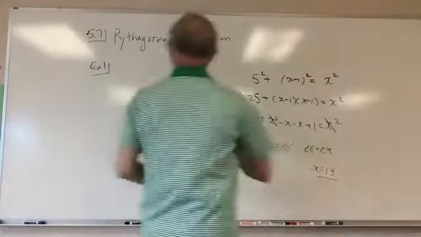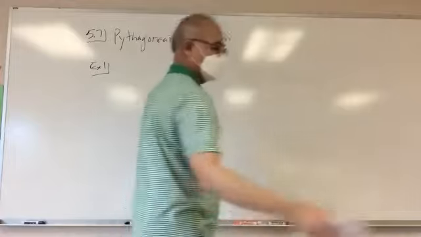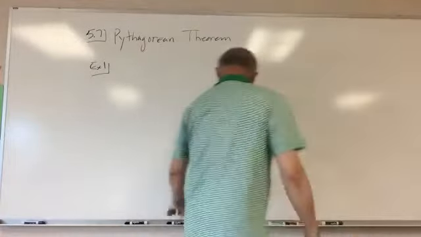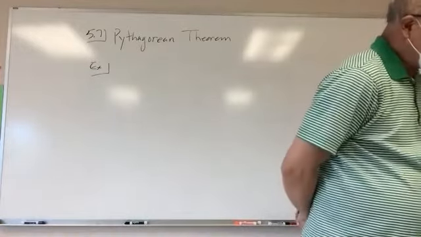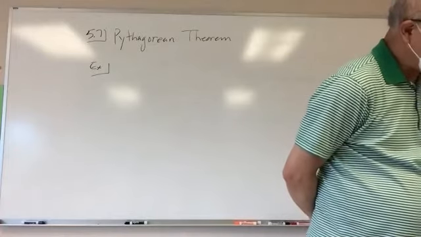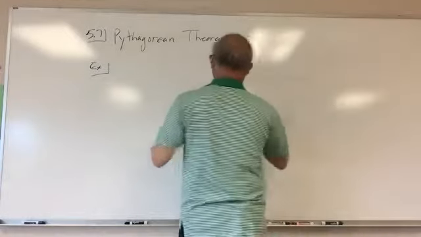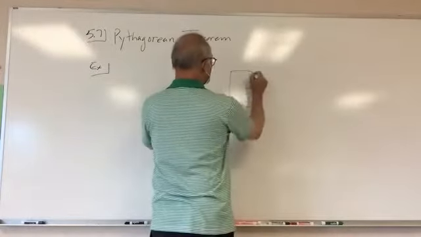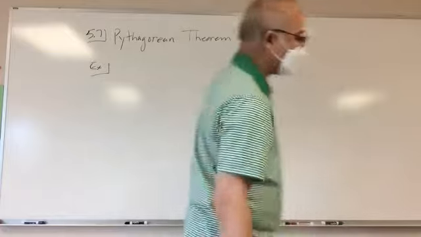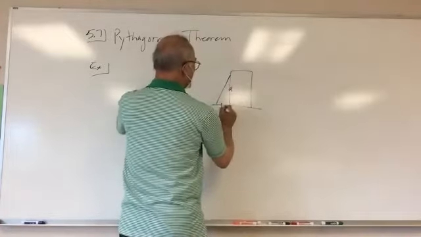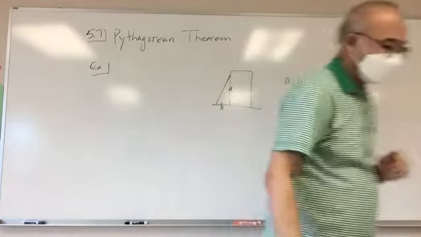Okay, move on to example number 2. To prevent the ladder from shifting, safety experts recommend that the ratio of A to B, where you have a ladder next to a house, or it looks like a building, this is a building, they recommend that A to B is 4 to 1. 4 to 1.